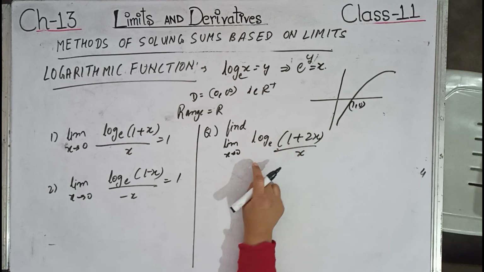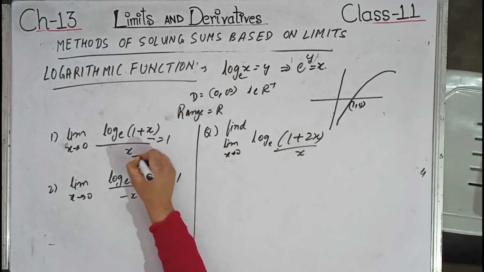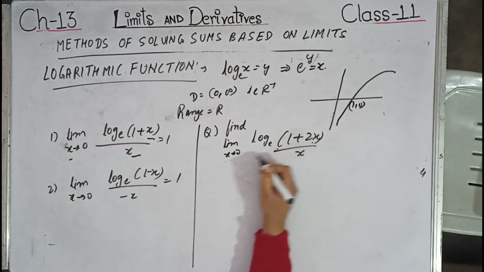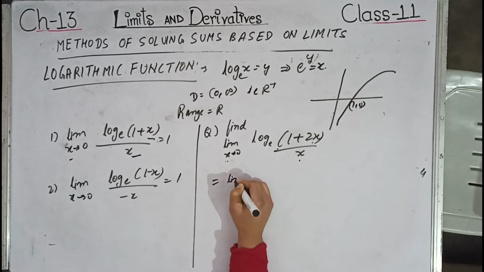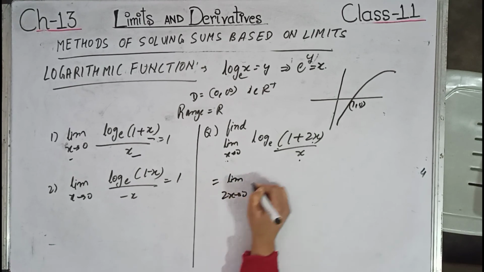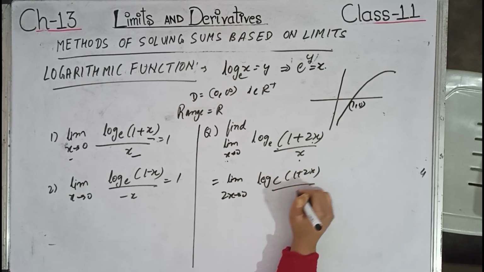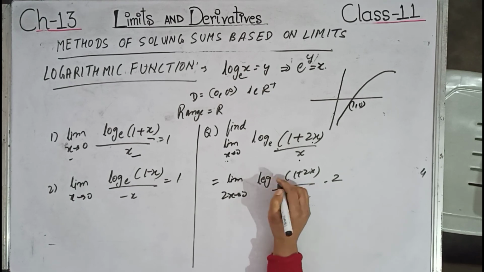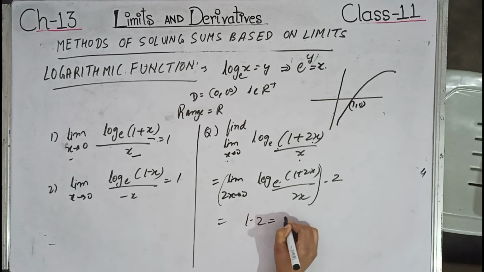This is the direct utilization, because in place of x everywhere, if it is 2x, I'll make it 2x here, and here also I'll make it 2x. So this I can write as limit 2x tending to 0, log base e of (1 plus 2x) by 2x, into 2. So this whole is 1 into 2 equals 2.